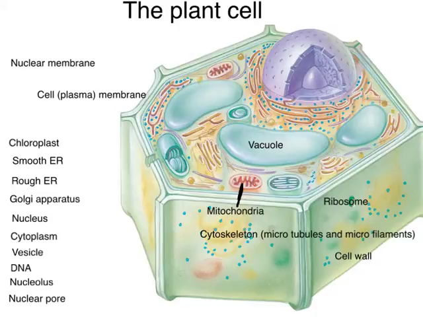And the cell membrane controls the movement of materials into and out of the cell. That's what it does. It's selectively permeable, which means that it only lets certain things in or out. It's not like an open door or an open window. It only lets specific molecules in or out. Okay, so that's what the cell membrane does.